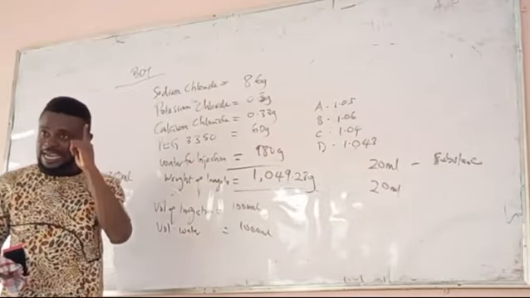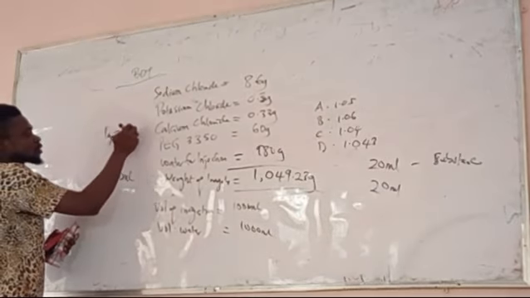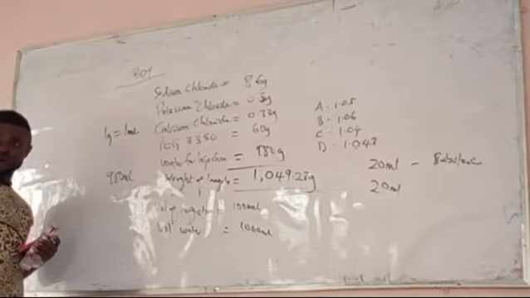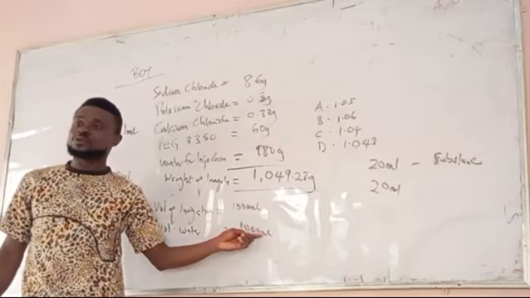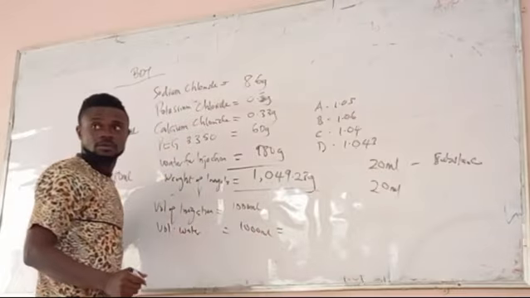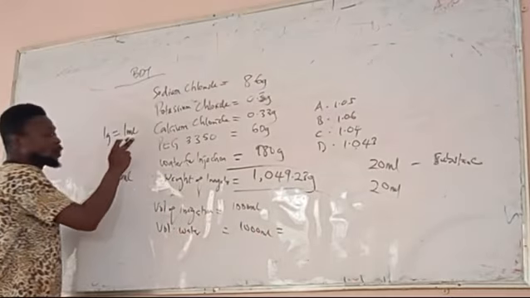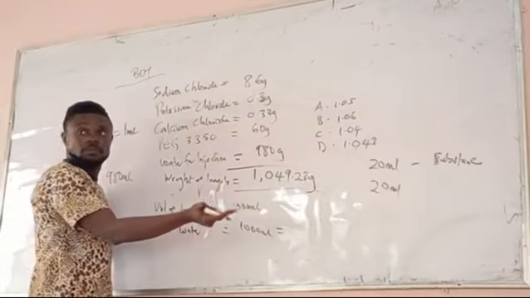Remember that for water, 1 gram is equal to 1 ml. So let's convert this 1,000 ml to gram. If 1 gram is 1 ml, 1,000 ml is 1,000 gram.